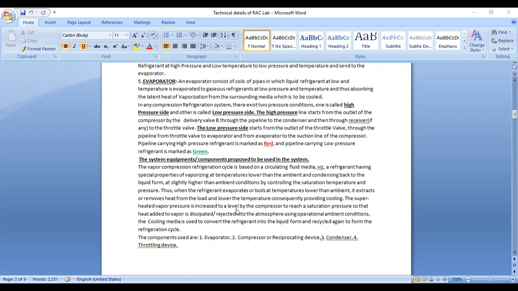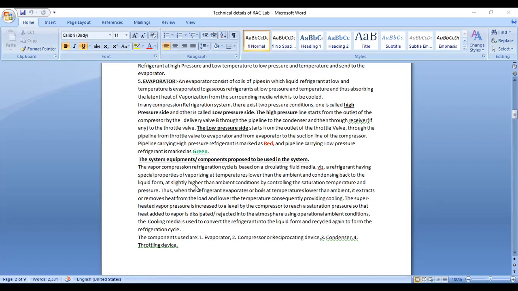The compression refrigeration cycle is based on a circulating fluid media itself. For example, a refrigerant having special properties of vaporizing at a temperature lower than the ambient temperature and condensing back to the liquid form at slightly higher than the ambient temperature by controlling the saturation temperature and pressure.